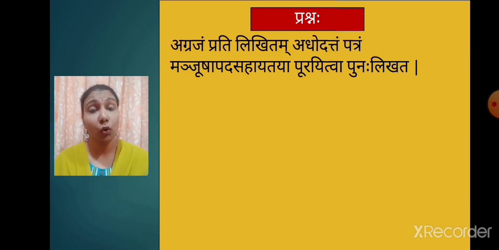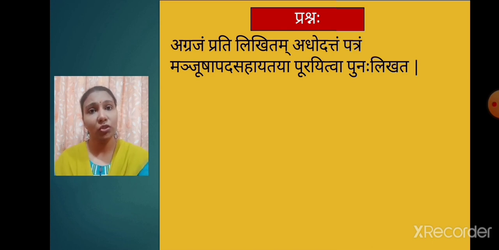Now let's try to solve one question of Patra Lekhanam. Agrajam prati likhitam adhodattam patram manjushapada sahayataya purayitva punah likhata. Complete the following letter which is written to your elder brother with the help of the words given in Manjusha and rewrite the same.